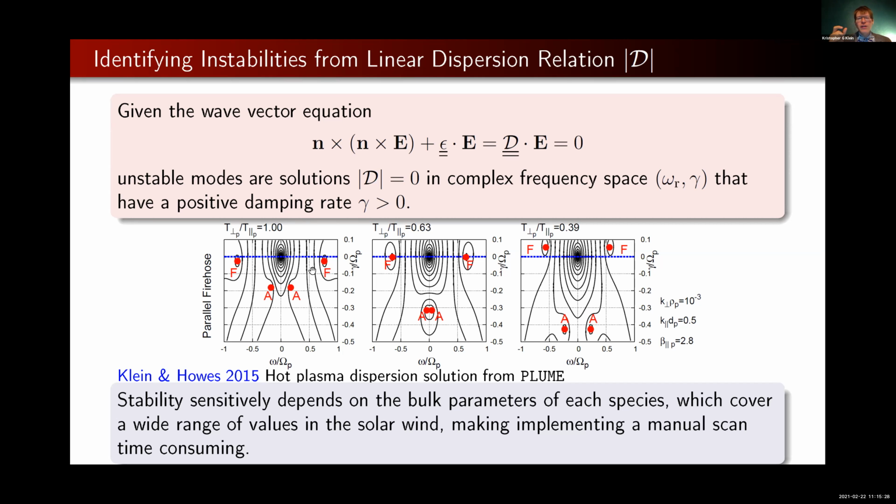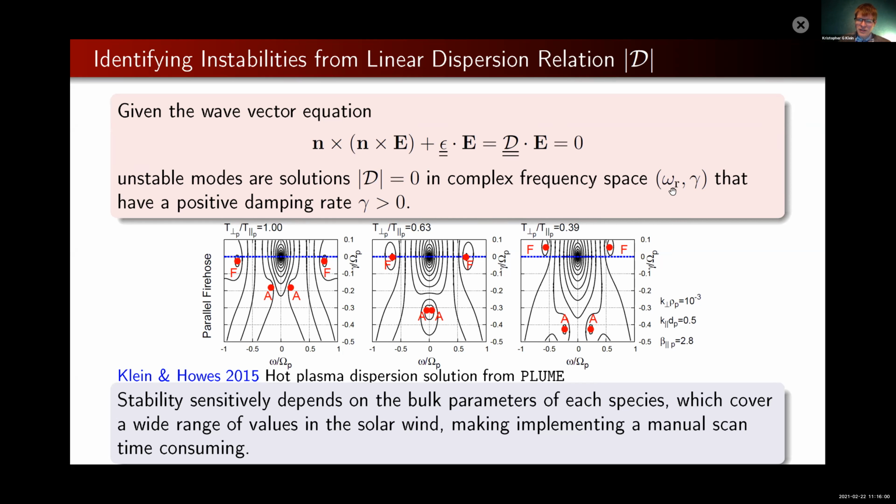You can slowly vary the underlying parameters, in this case, varying the temperature anisotropy from 1 to 0.6 to 0.4, and you see some of the modes go from being marginally stable to going marginally unstable. In theory, you can hand trace all of these modes out for as complicated of a system as you want to. But given all of those different sources of free energy that I've laid out, that can be a very arduous task and one that isn't easily generalizable.